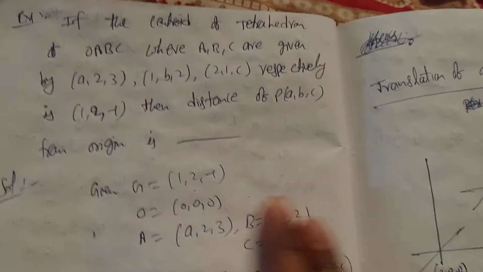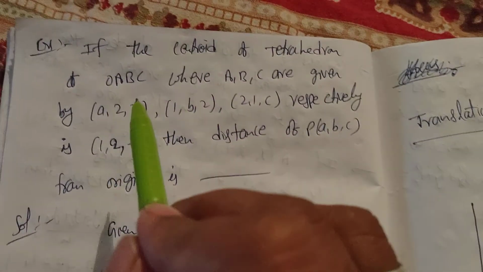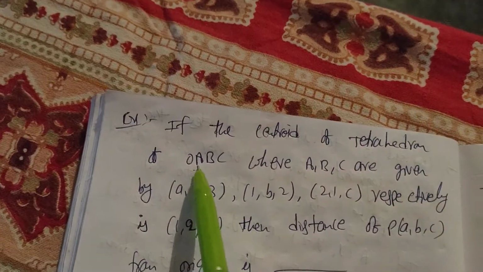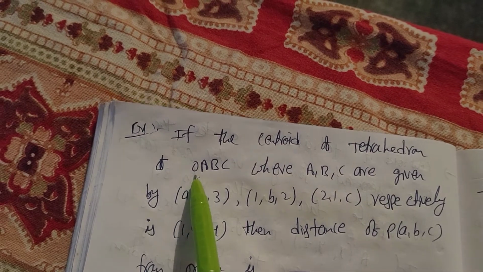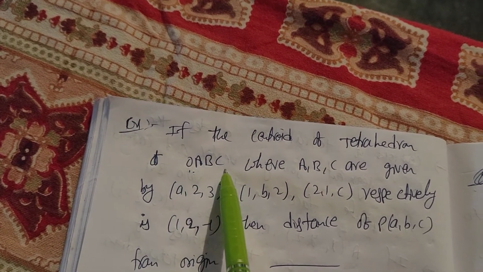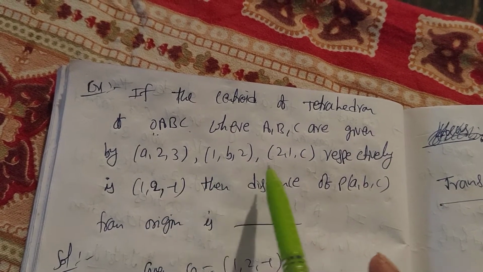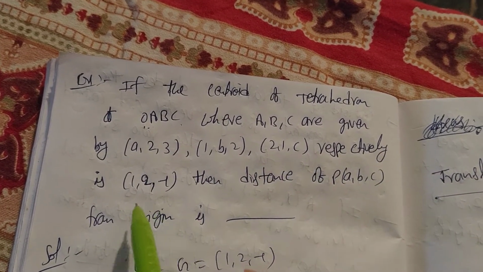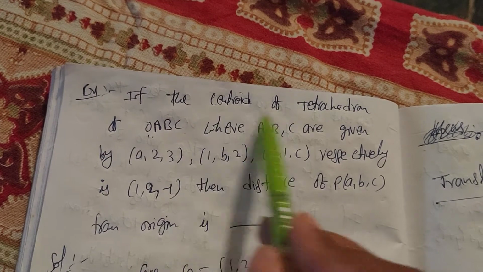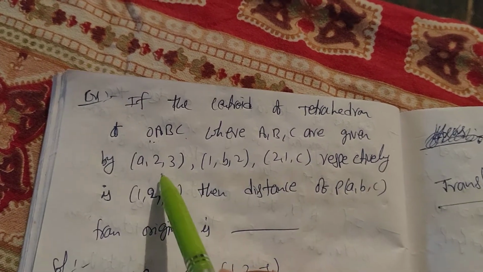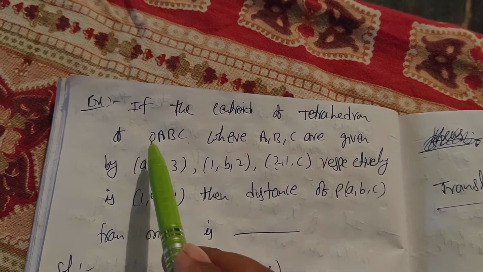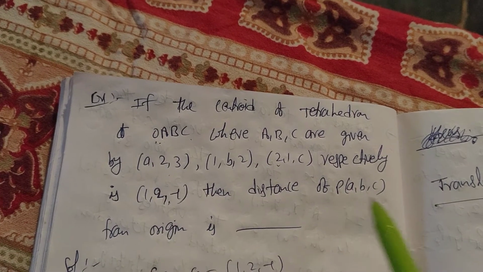Next, if the centroid of tetrahedron OABC, where O is the origin and A, B, C are any 3 vertices given by A, 2, 3, B, 1, 2, and C, 2, 1, respectively, is 1, 2, minus 1. That means they gave the centroid of the tetrahedron G, and 3 vertices are this one, and the 4th vertex is the origin.